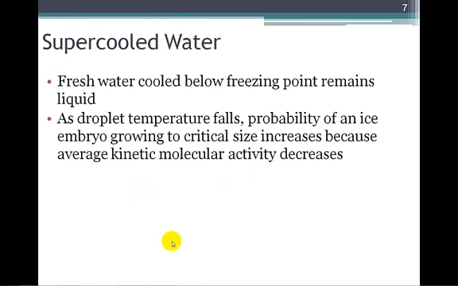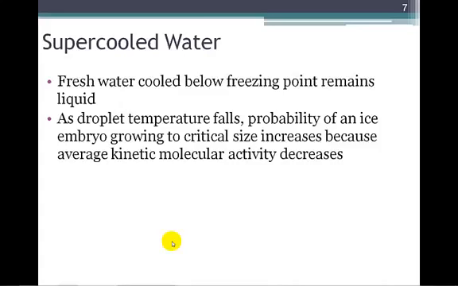Supercooled water refers to water that is still liquid below the freezing point of water. And this can happen, it's been studied to happen, because when water gets to that freezing point, say 0 degrees Celsius, there has to be some kind of mechanical action to actually promote the formation of ice crystals.